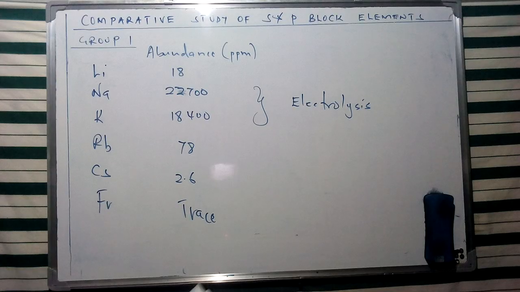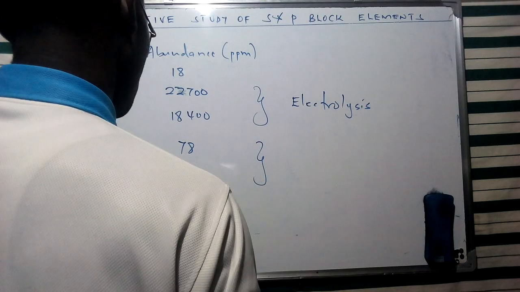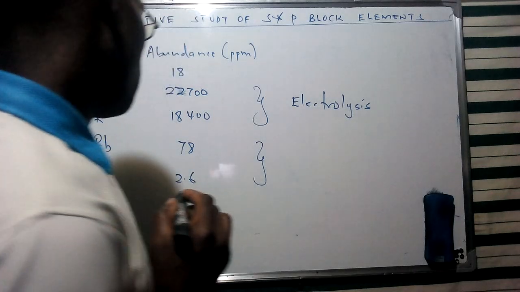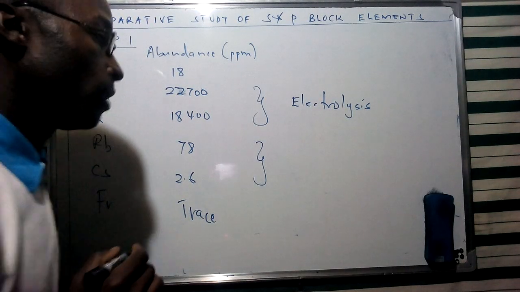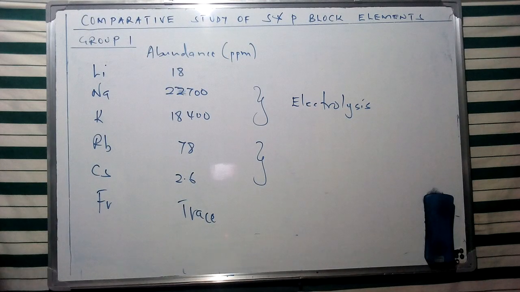Now in this case, the two elements rubidium and cesium are going to be derived from some of the processing of lithium ores. We're going to talk about the concept of spodumene.